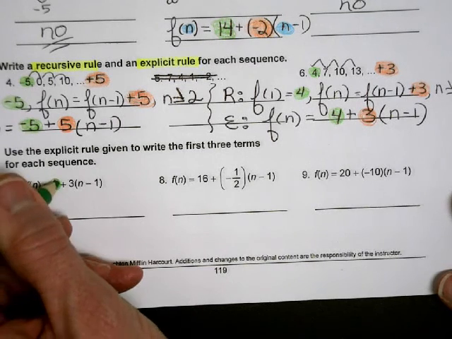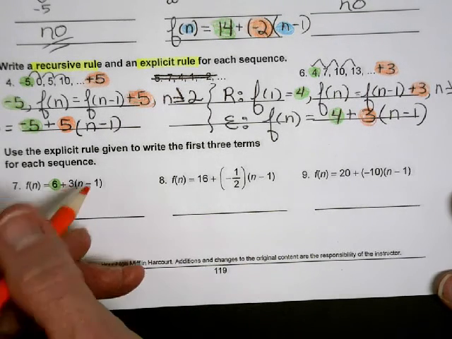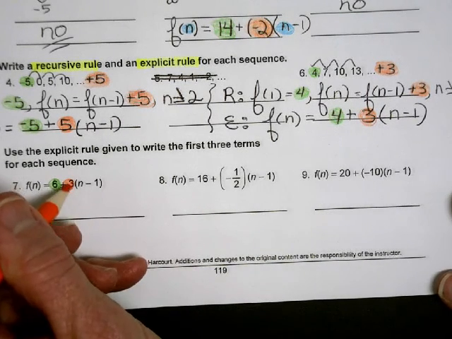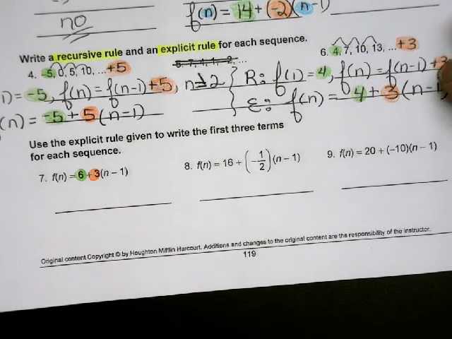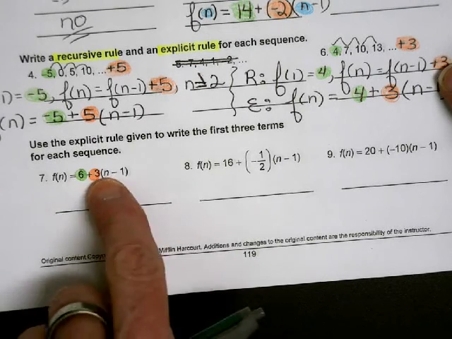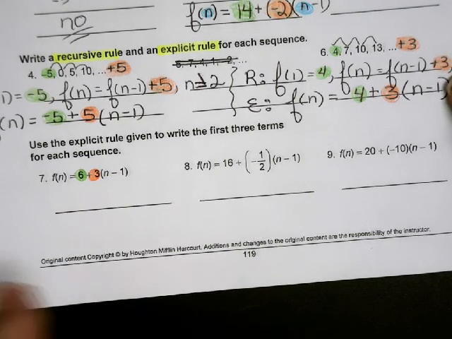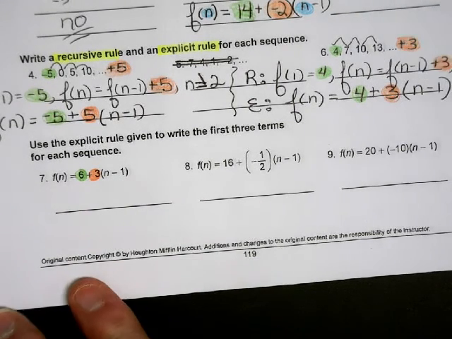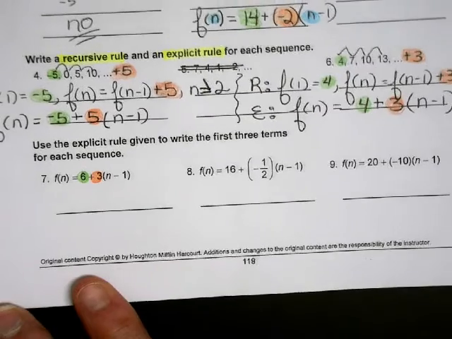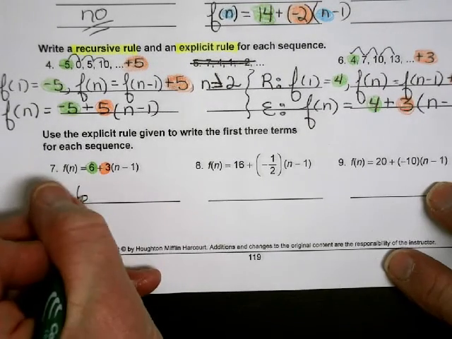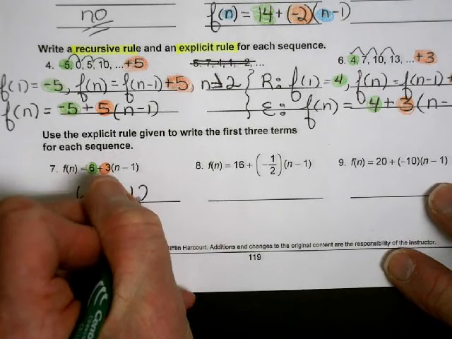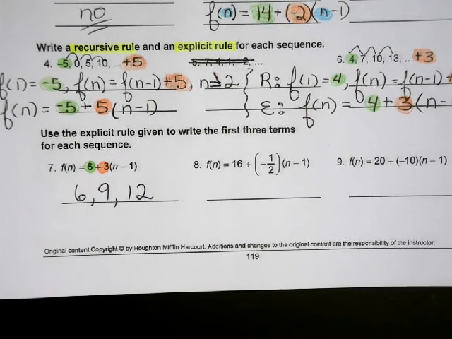In other words, identify A, identify D, and do the arithmetic, because it's only the first 3 terms. If it was term number 85, I'd put 85 in here and calculator it out. We use a lot of calculator on this module. Well, only 9 problems, but assess as well. Use calculator. 6, 9, 12.